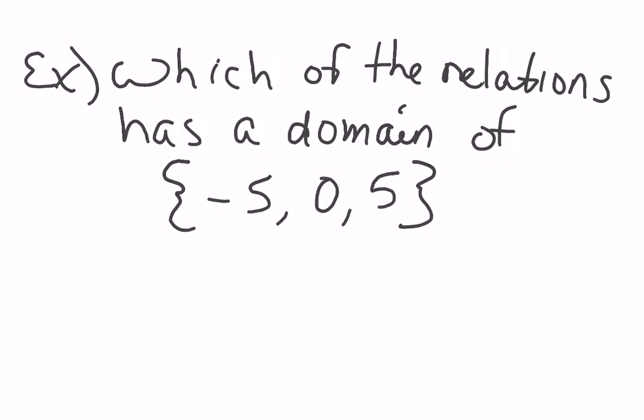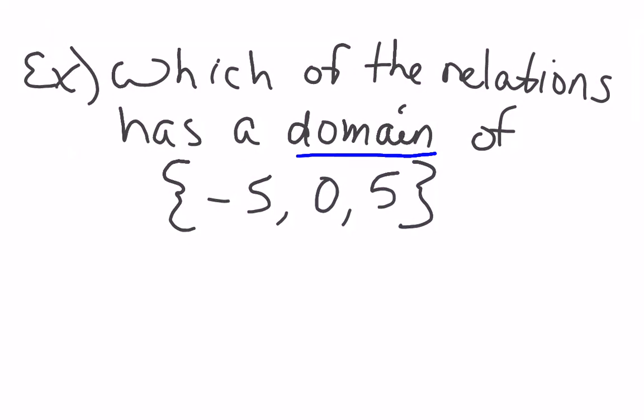Now, on this one, anything that is put together and said that they are connected is considered a relation. And then domain is going to relate to x values. So anytime I'm looking for the relation that has a domain of this, we're looking for anything where the x values are -5, 0, and 5.